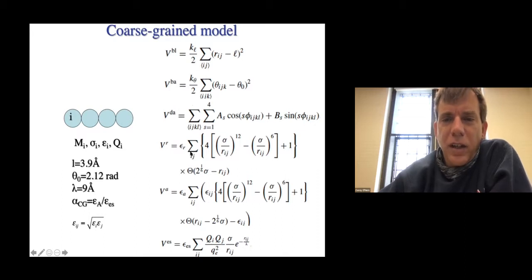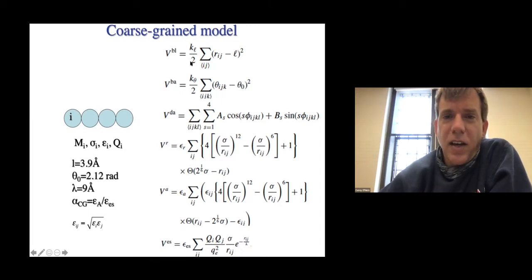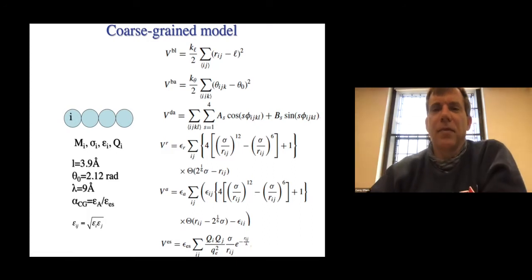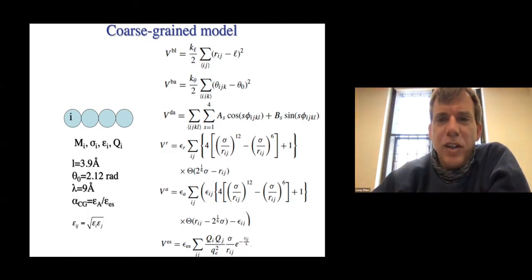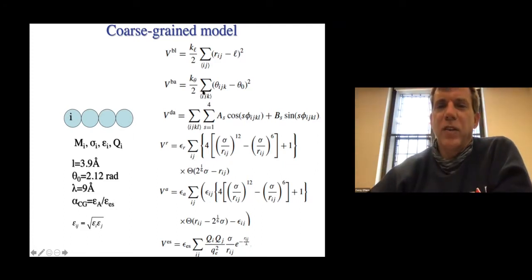Now, how many parameters do I have in this model? So the KL for the bond length can just be determined by protein structures, by the fluctuations that I see in the bond lengths. Same thing for the bond angles. The K theta is just determined by what's found in experimentally determined protein structures. I already mentioned the dihedral angle potential. Those are experimentally determined.